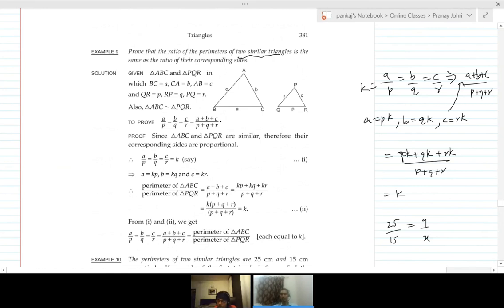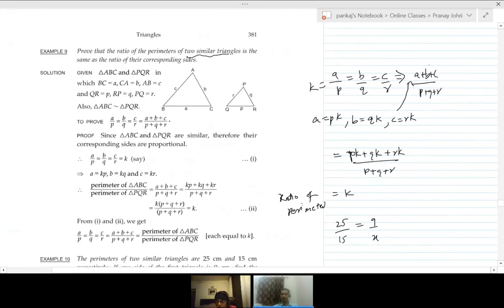PQR gets cancelled from numerator and denominator, and K is left. So this was basically the ratio of perimeters, right? So K is equal to both of it.